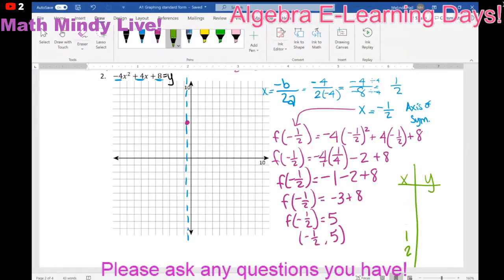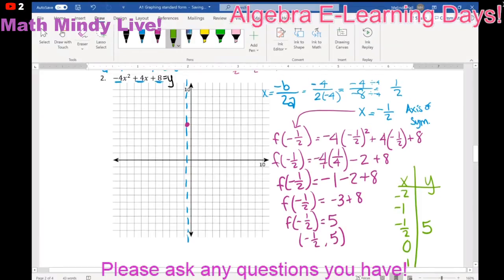And actually, work smarter, not harder. Use -1/2 as your middle number, and then plug in 0 and 1, and then -1 and -2. From there, the easiest number to plug in would probably be 0, and so we would have -4 times 0 squared plus 4 times 0 plus 8.